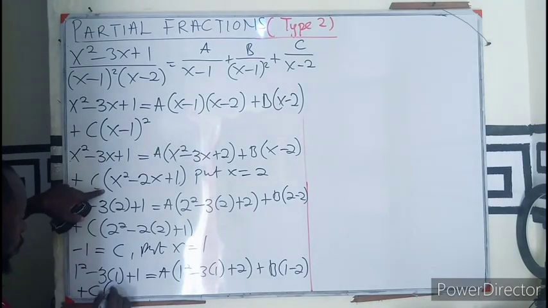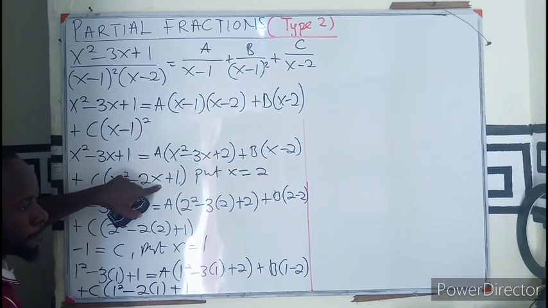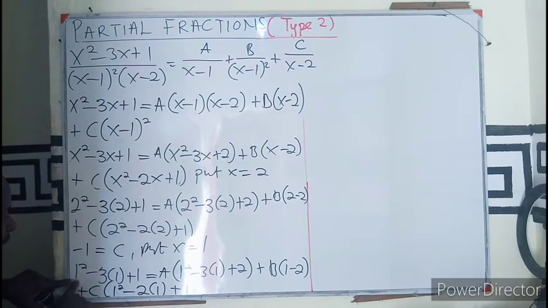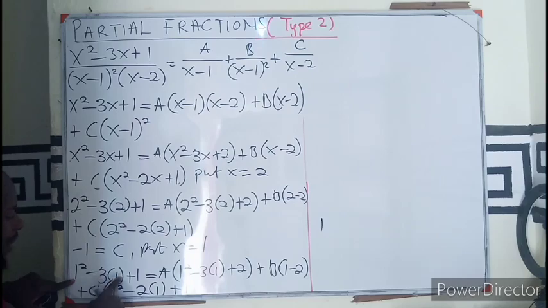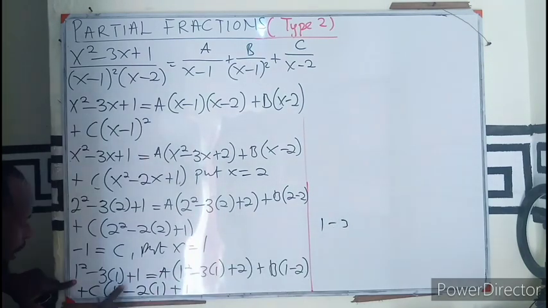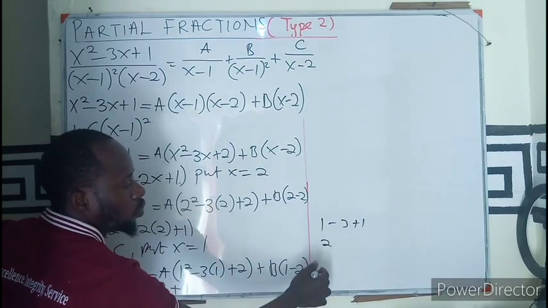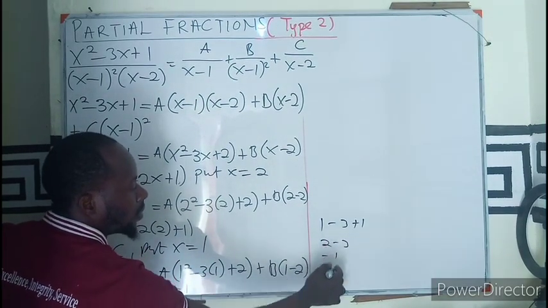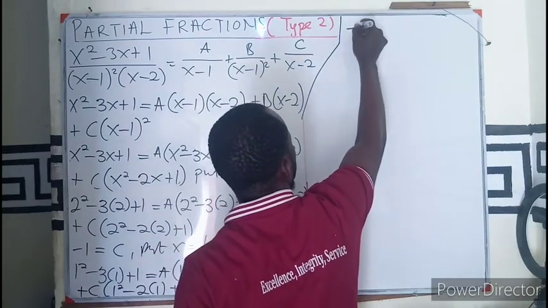Here. So 1 square minus 2 into 1 plus 1. Right away, your left will be 1 minus 3 times 1, which is minus 3, plus 1. 1 plus 1 is 2. 2 minus 3 is what? Minus 1. So our left will be minus 1.